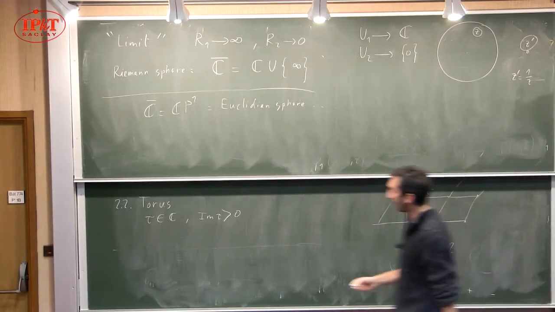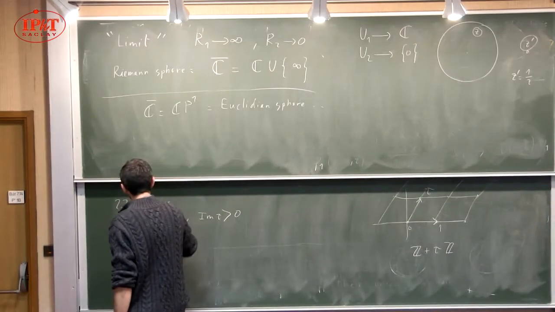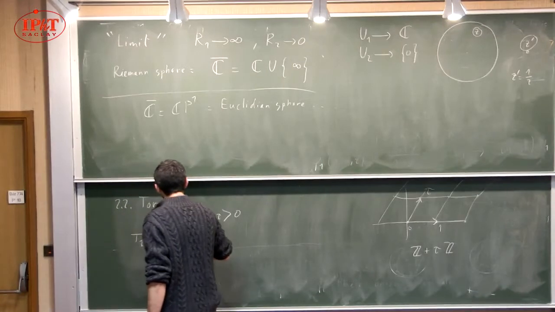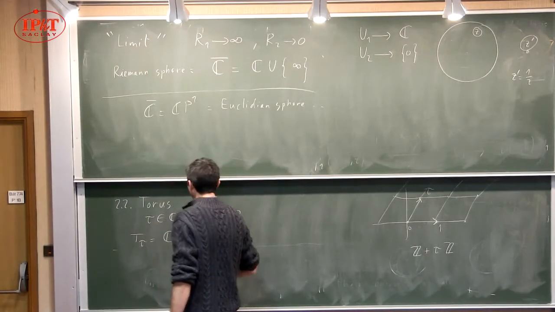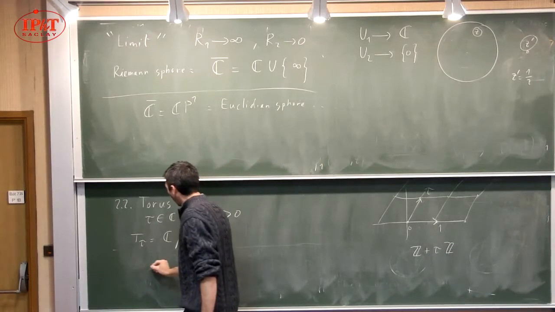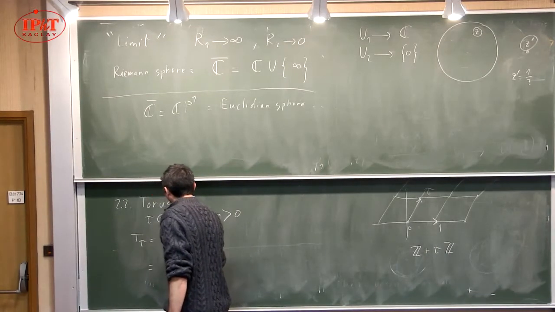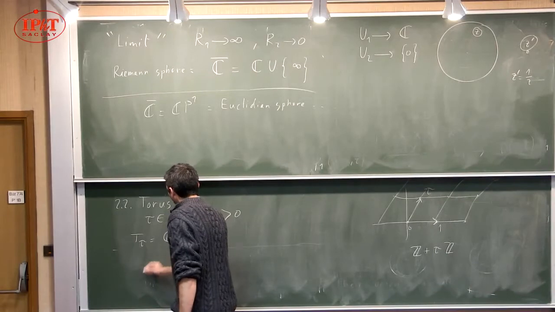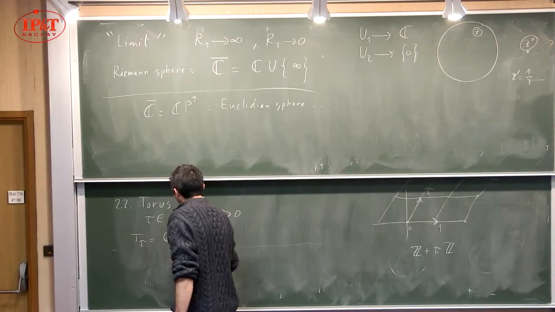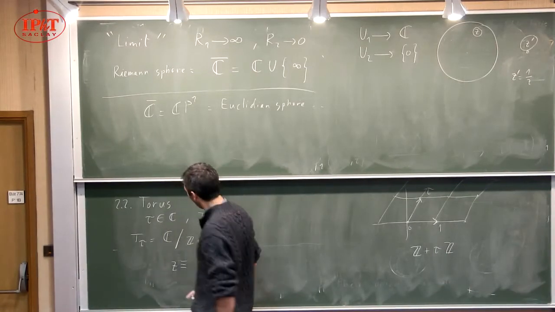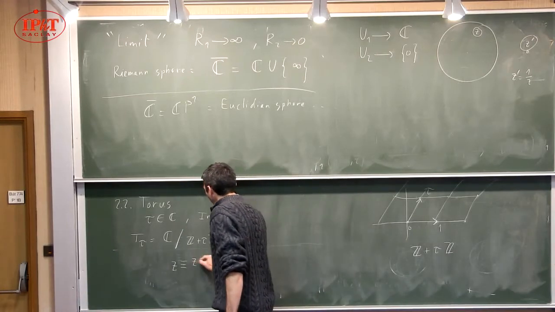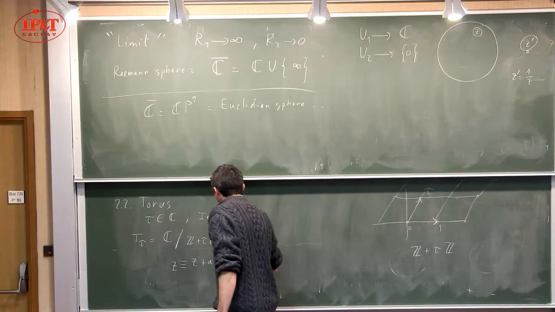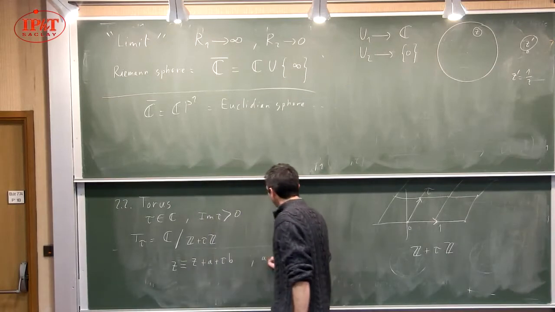Okay. And I will define C_tau to be the complex plane quotiented by Z plus tau Z, which means that a point z is equivalent to another point of the form z plus a plus tau b, with a and b integers.